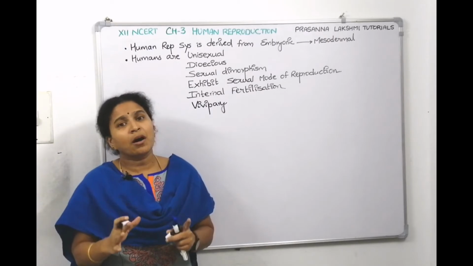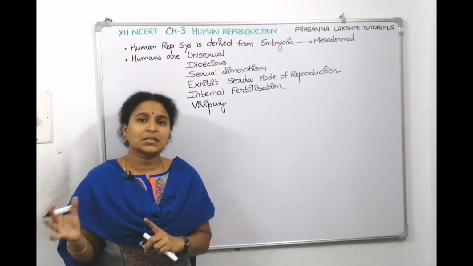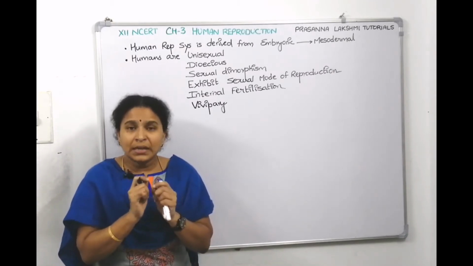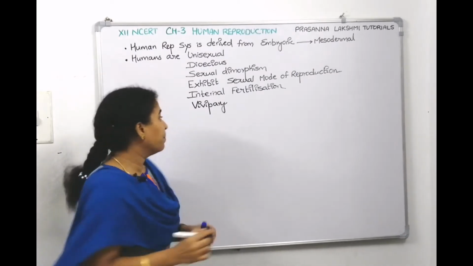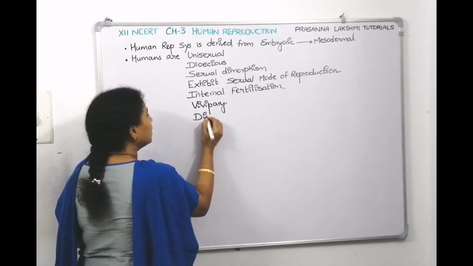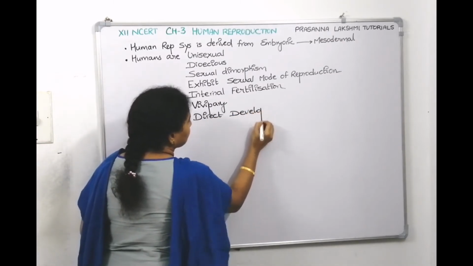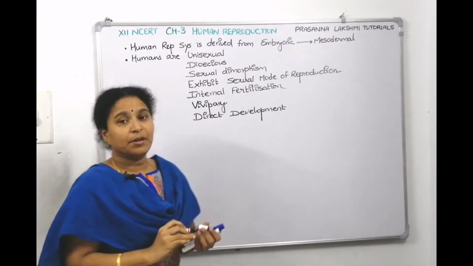Or when we are born, we resemble our adult stages also. We have the same characteristics what adults have. There is no indirect development. There is no larval stage. So we will tell we exhibit direct development, right?